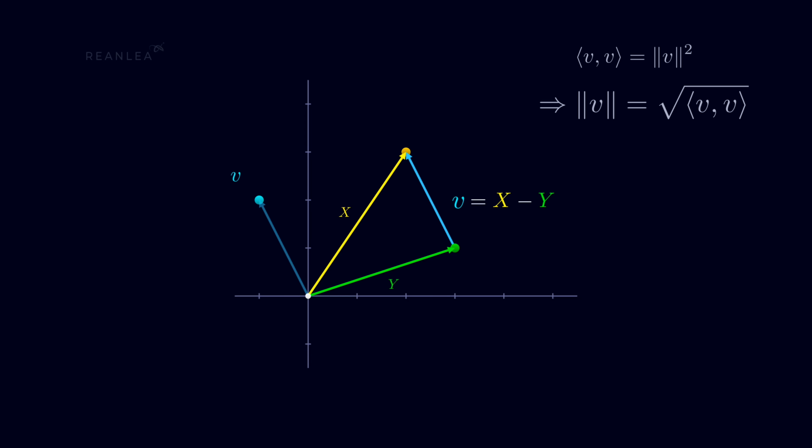Now let the coordinates of x and y be x1, x2 and y1, y2 respectively. Then the coordinates of the vector representing x minus y are x1 minus y1, x2 minus y2, and eventually, these are the coordinates of the vector v.